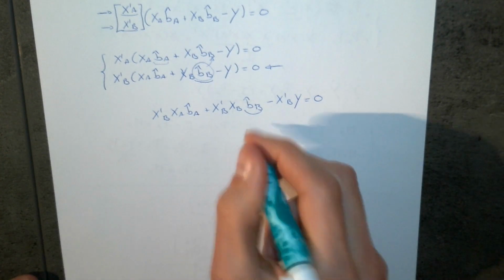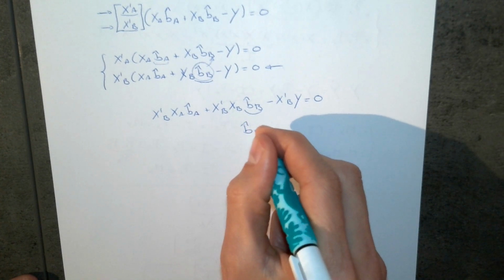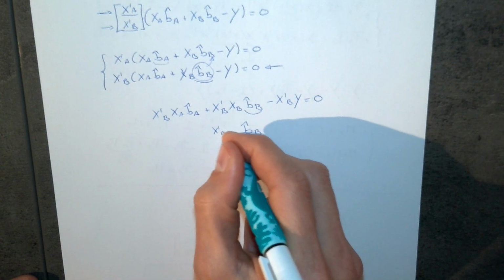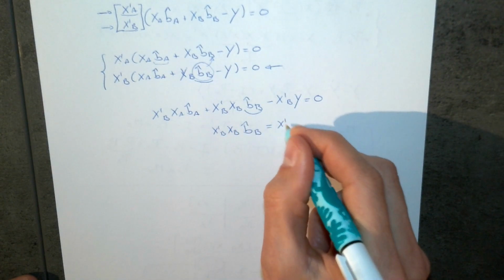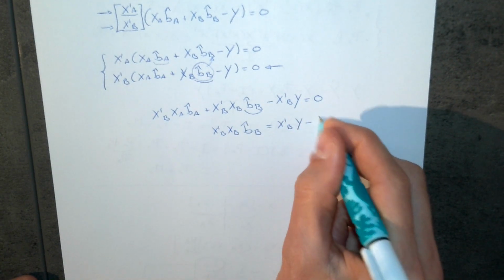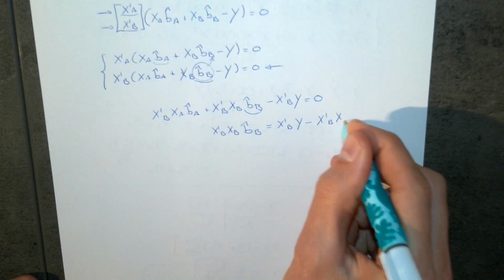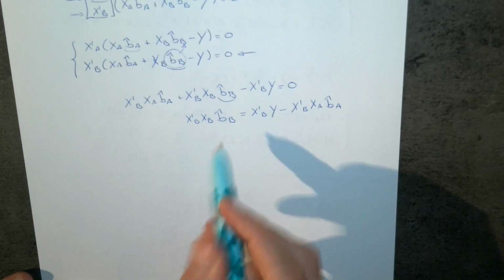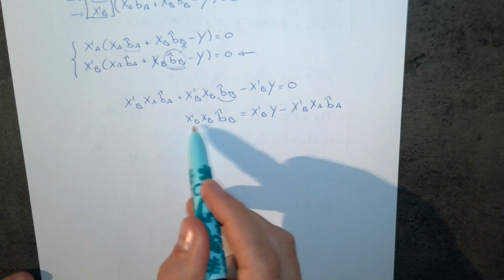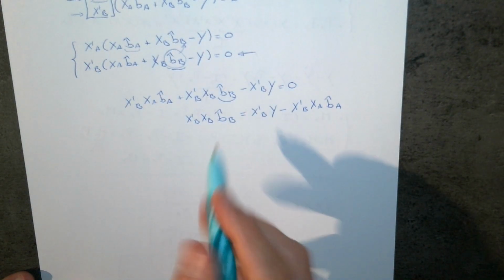Solve this for b hat b: b hat b times x prime b xb is equal to x prime b y minus x prime b xa b hat a. Gonna pre-multiply both sides by (x prime b xb) inverse.